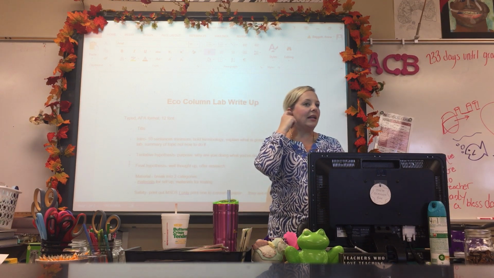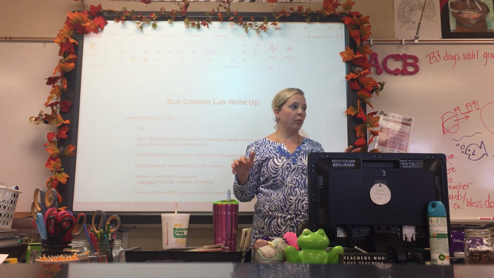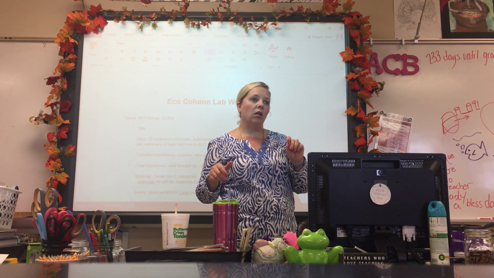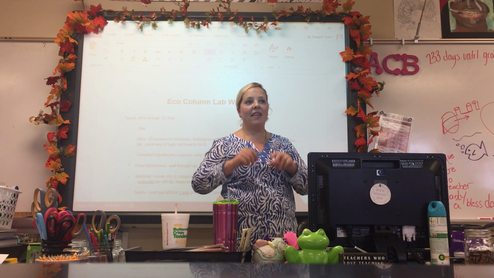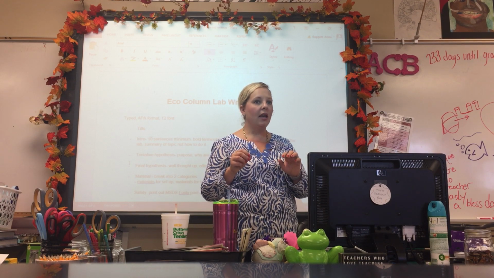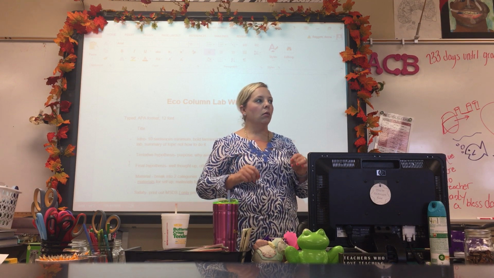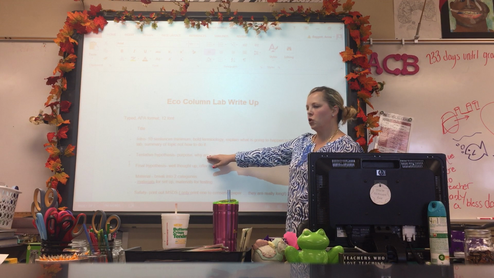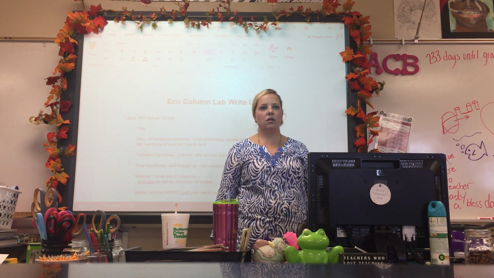So I'm going to give you an idea of a good hypothesis. And this is going to sound maybe foreign language to you, but it is English. If I build my eco column to mimic Earth's biogeochemical cycles and they are all properly functioning, then all living life in my eco column will survive. It's a little bit fancier than the first one. The first one just says, if I build an eco column, then my organisms survive.